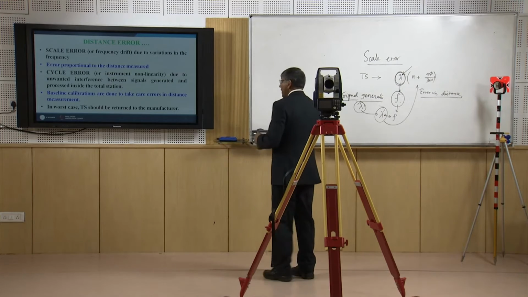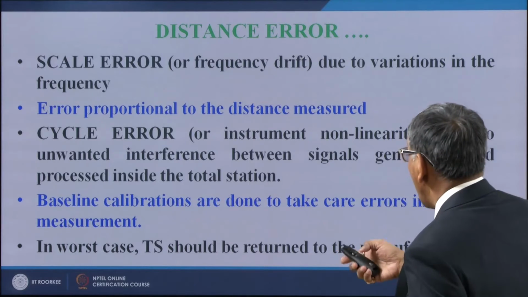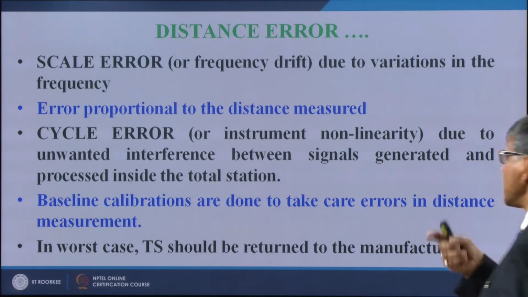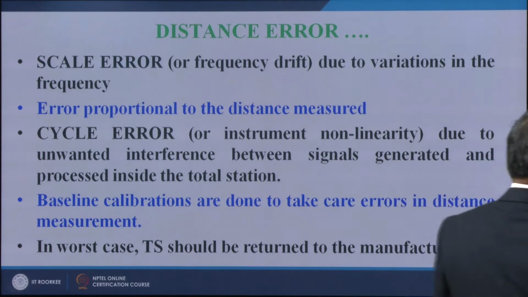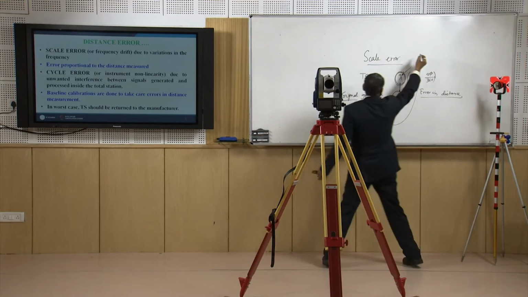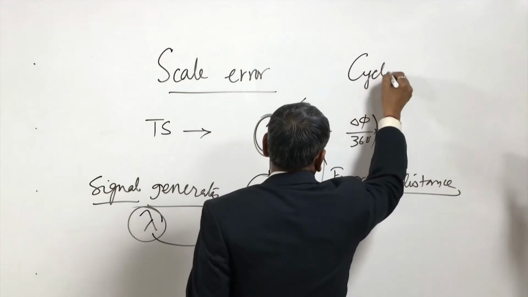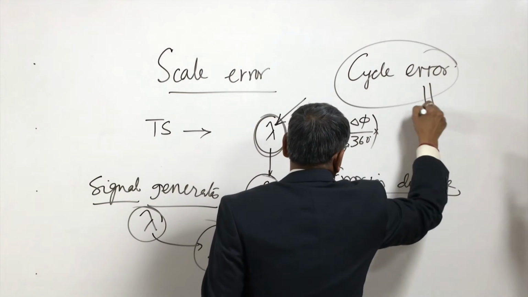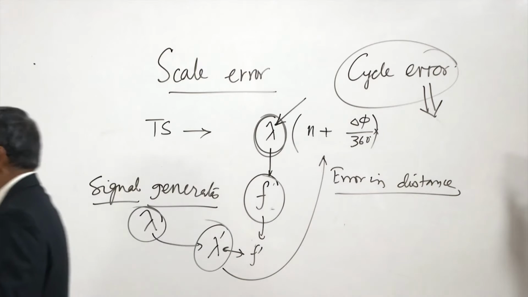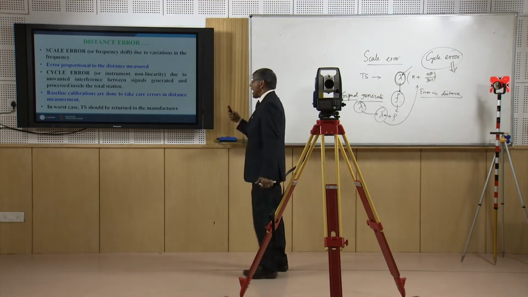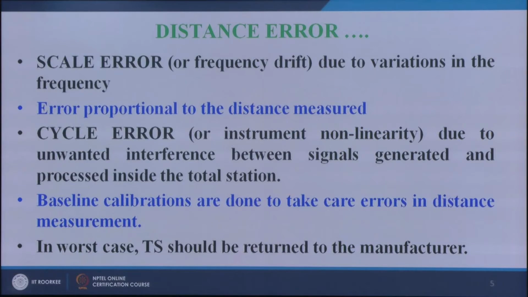There may also be some unwanted interference between the signal generated and processed inside the total station. So another error is called cycle error. This error arises out of the interference between the signal generated and processed inside the total station.